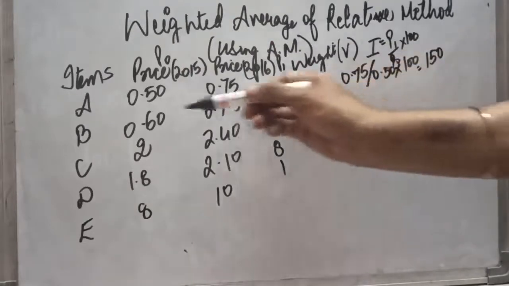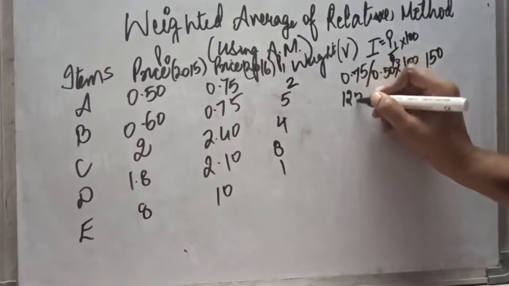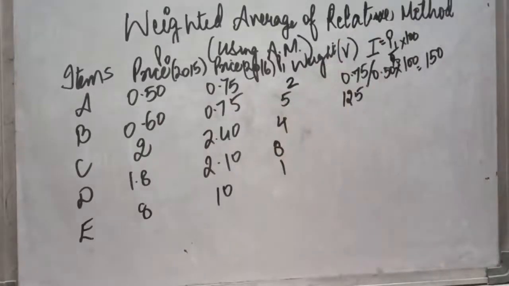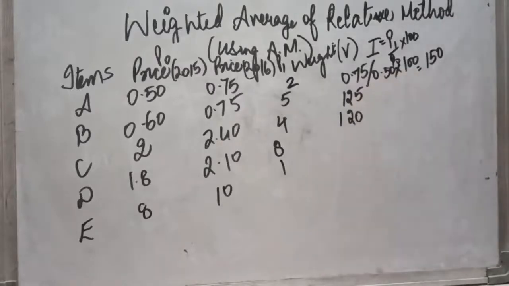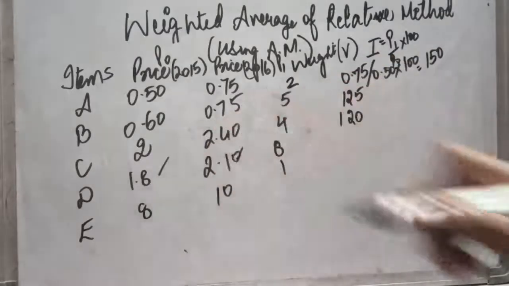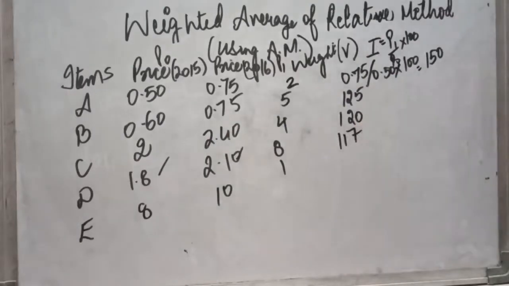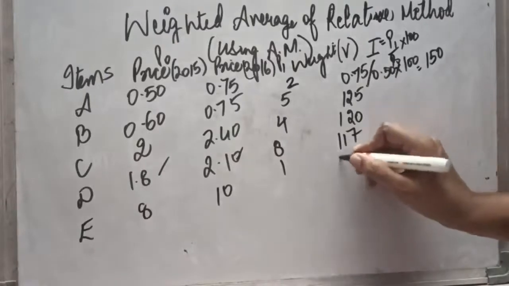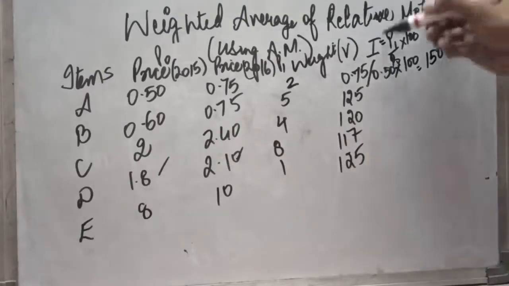Second, 0.75 divided by 0.60 into 100, it will be 125. Then 2.4 divided by 2 into 100 comes out to be 120. 2.10 divided by 1.8 into 100 is 117. And last, 10 divided by 8 into 100 comes out to be 125. So like this we have calculated I.